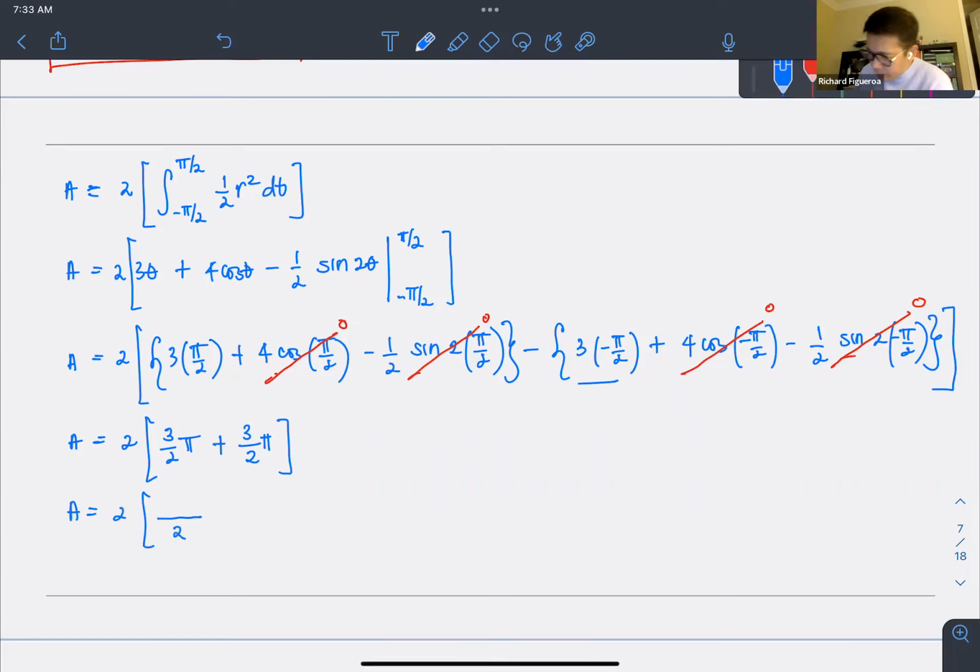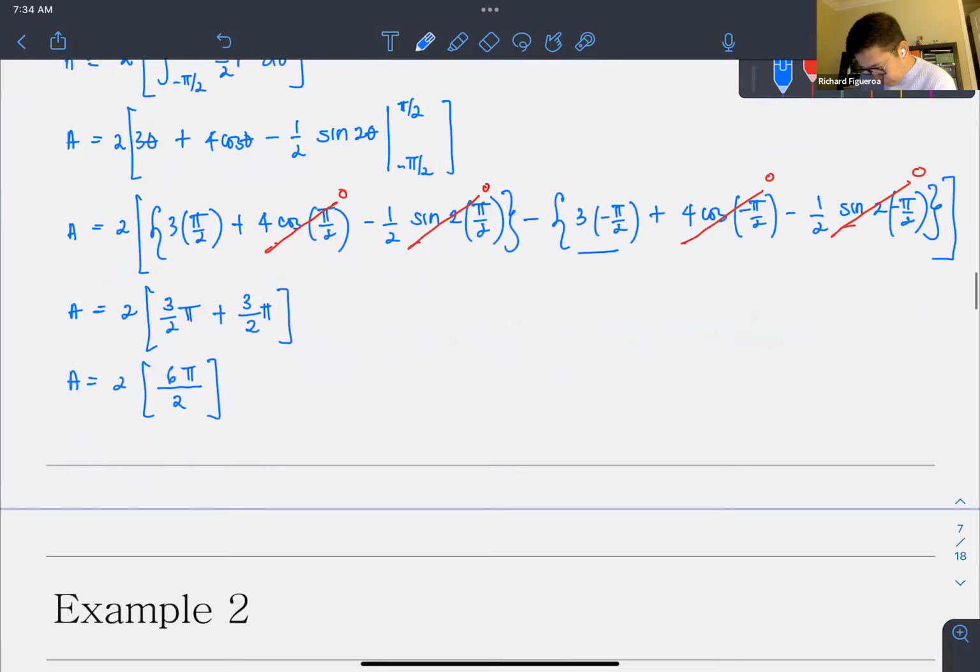Silang 2 sa baba, be 6. So 2 and 2, and it would still be 6 pi square units.